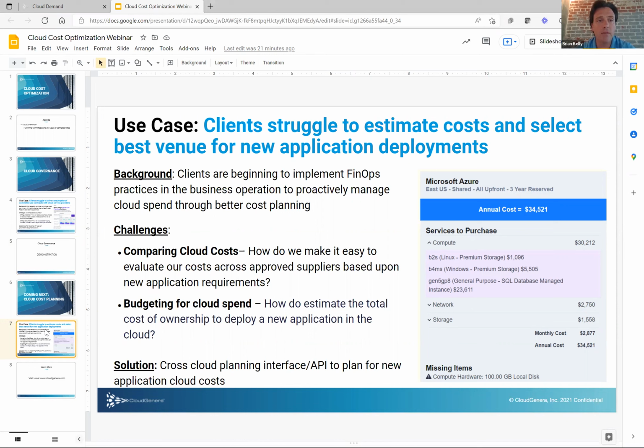Cost planning and cloud governance go hand in hand to ensure that you're optimizing your cloud spend. And so our next webinar, we'll spend another approximately 20-30 minutes chatting about utilities and approaches CloudGenera sees being very effective when looking to implement FinOps practices in your business operation to proactively manage cloud spend through better cost planning.